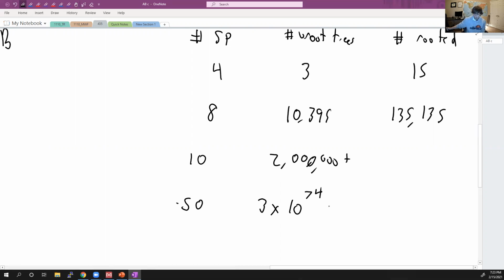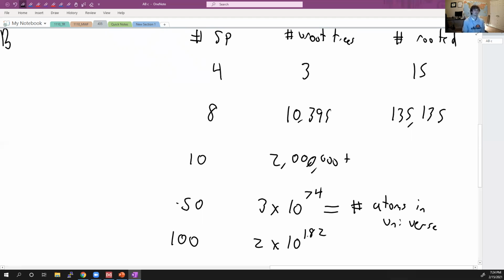And just so we're clear, this is equivalent to the number of atoms in the universe. And if we have 100 sequences, this will jump up to 2 times 10 to the 182, right? So the more sequences we add, the bigger our tree space becomes, right? This is our entirety of tree space.